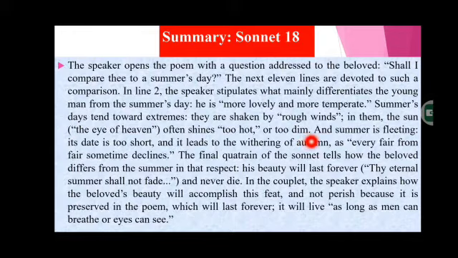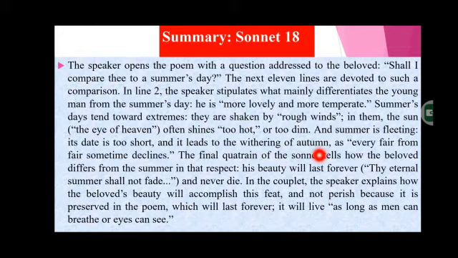Then Shakespeare talks about the span of a summer, how soon a summer ends. Summer is fleeting, its date is too short, because after the summer there'll be fall and then winter. So it will disappear. There is an end to the summer day, and it leads to the withering of autumn.